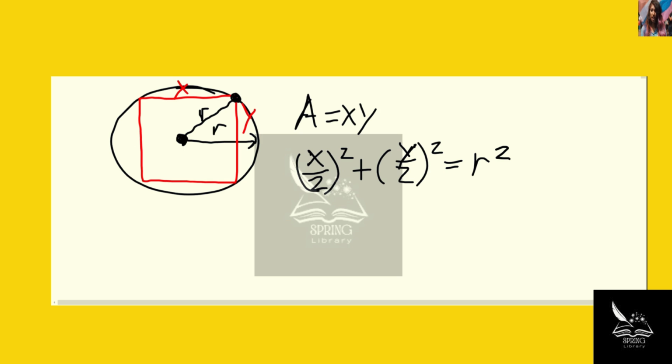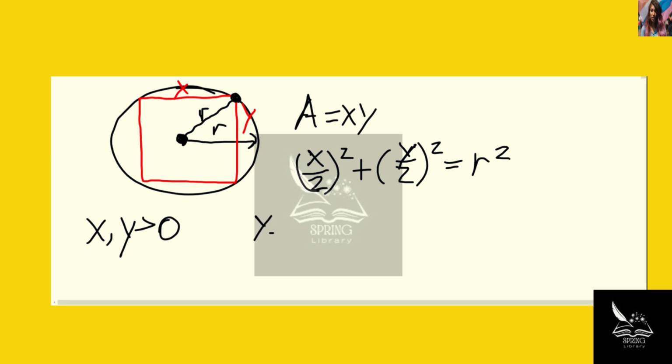Now, to help us, notice that our area function is always greater than or equal to 0. But notice that both x and y have to be greater than 0. So we can solve for y in this equation.